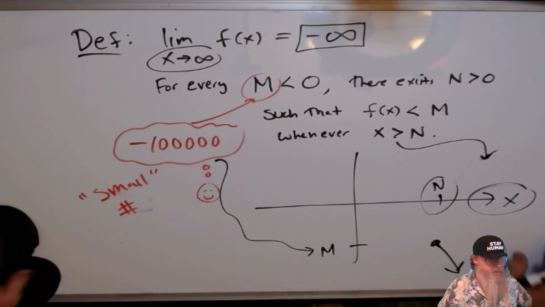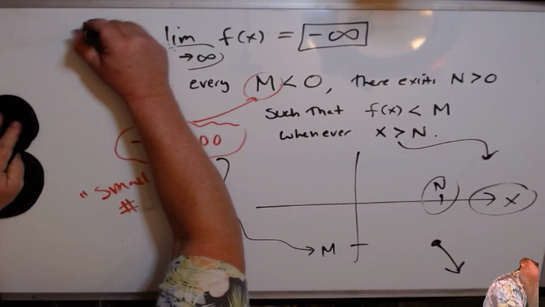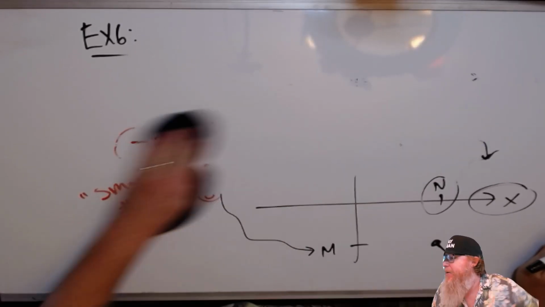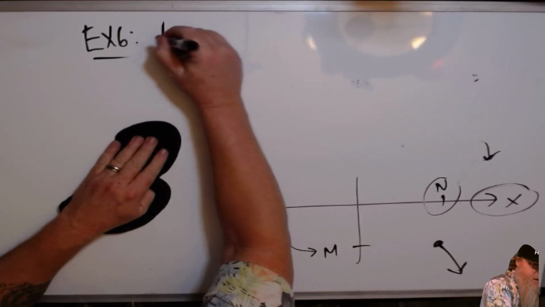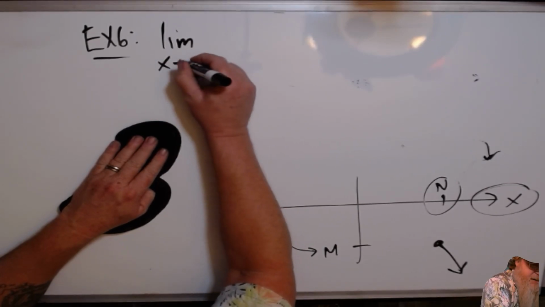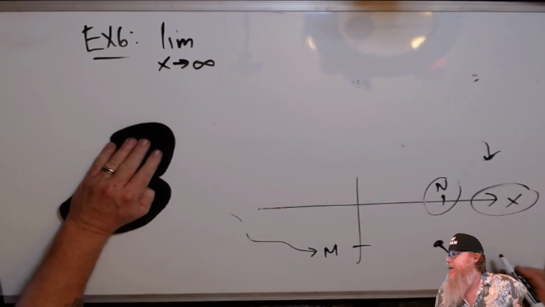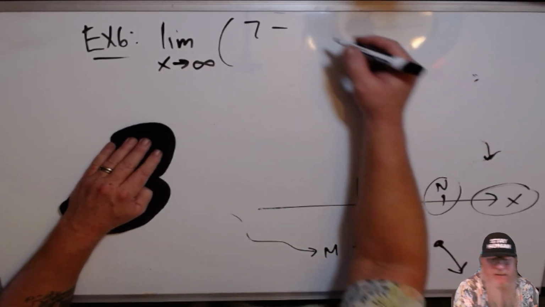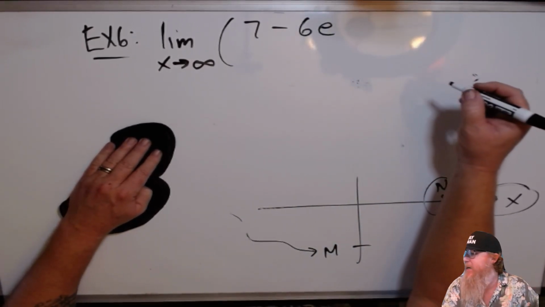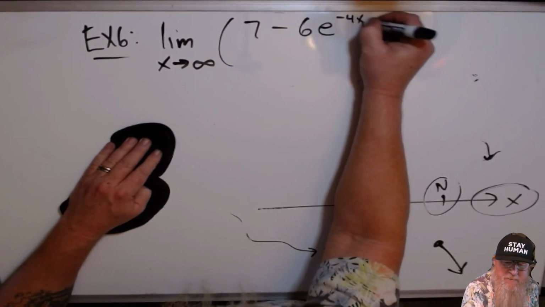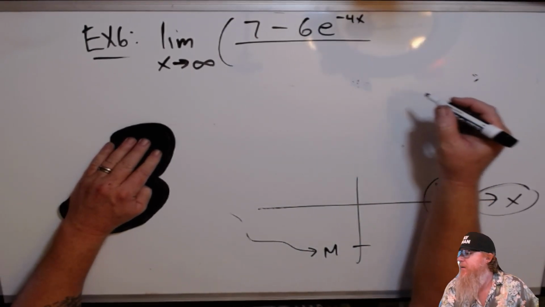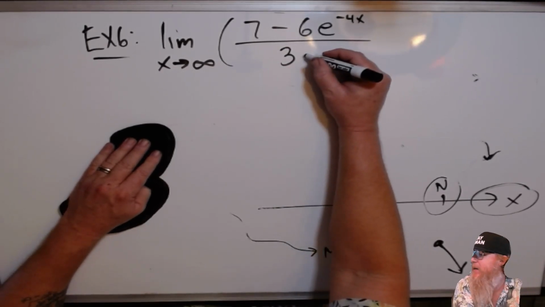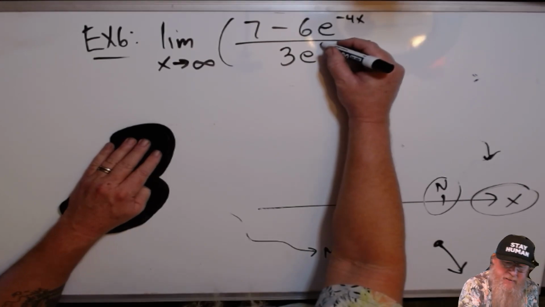All right, so example 6. Time to break the pattern a little bit. Find the limit as x goes to infinity of 7 minus 6e to the negative 4x over 3e to the 5x.